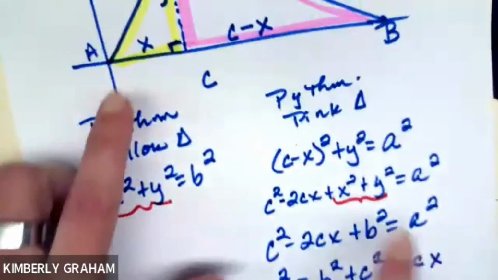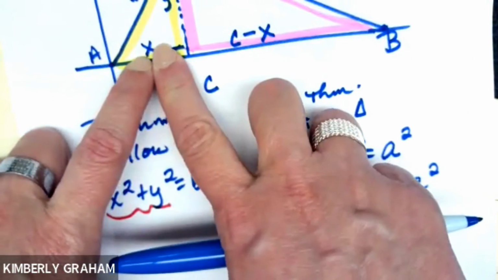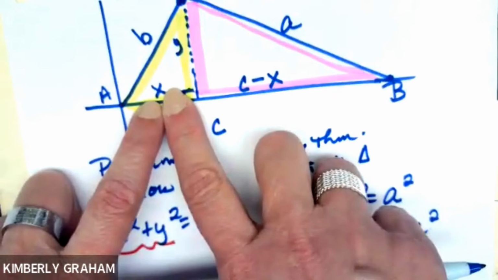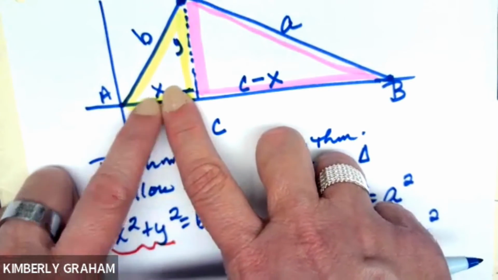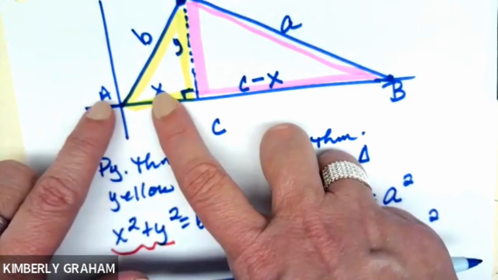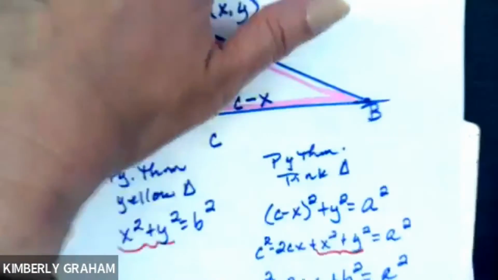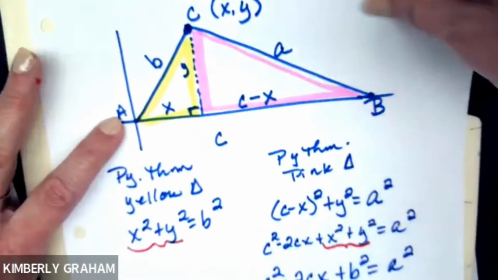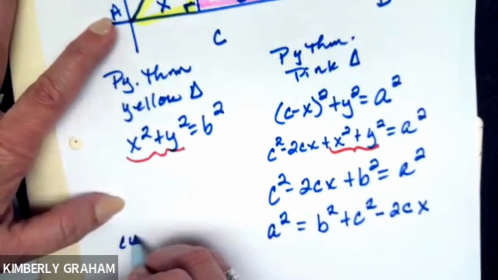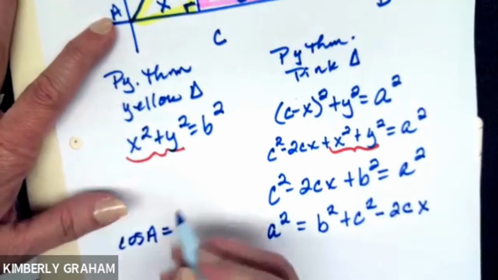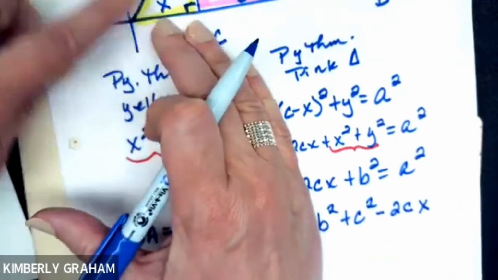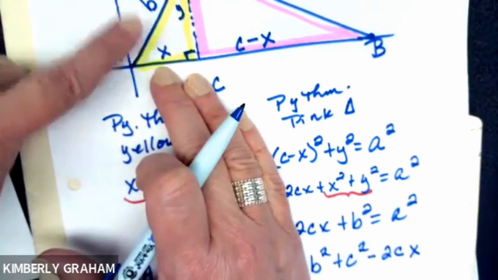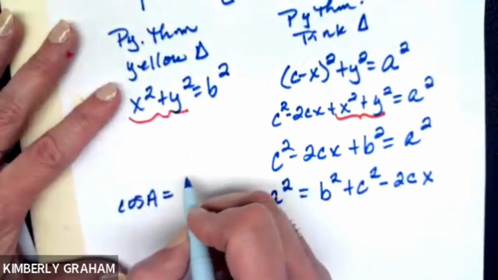Well, if I look back to my yellow triangle here, I know that I can write a relationship with this x and the cosine of angle A. Cosine of angle A is adjacent over hypotenuse, so x over b.